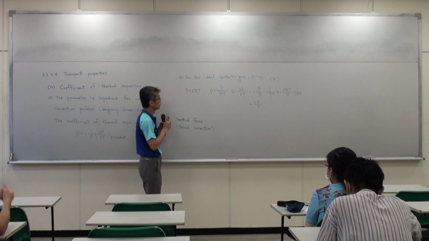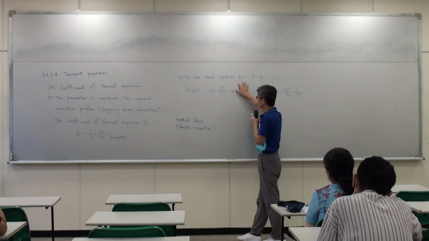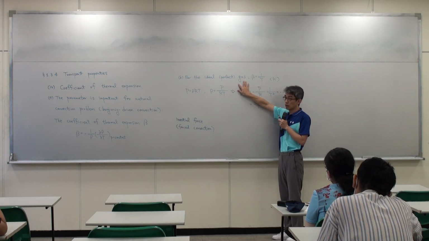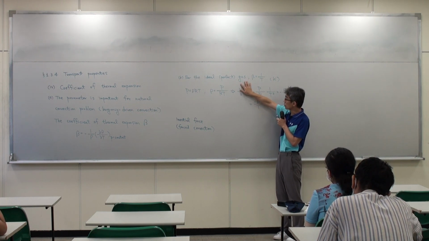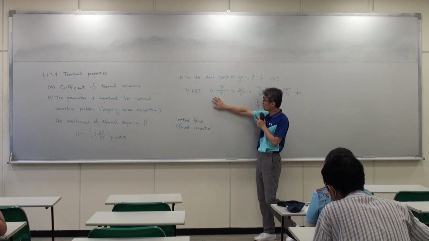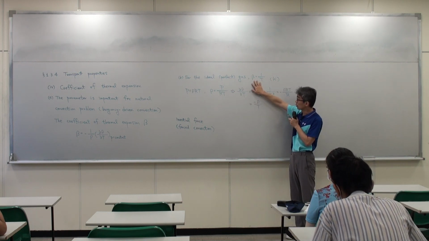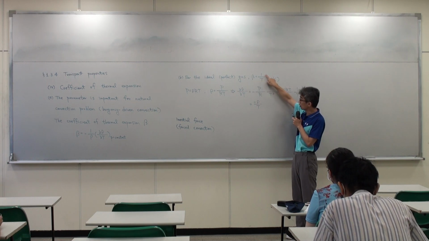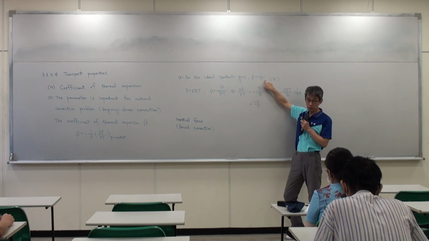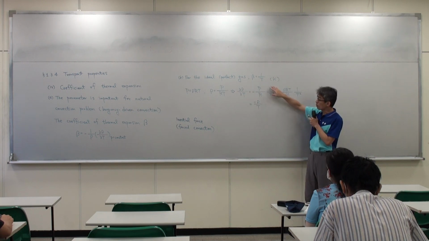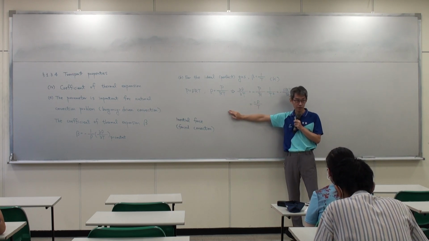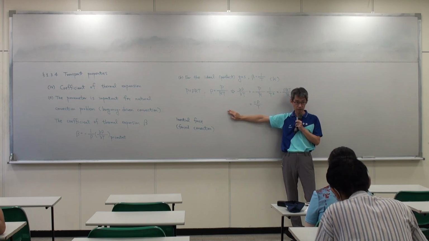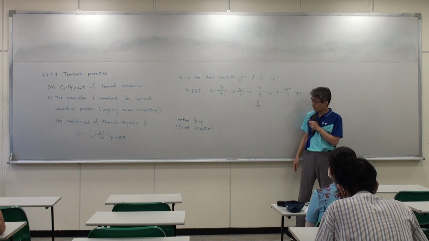If we use the perfect gas or ideal gas equation, then we can get the thermal expansion as 1 over T. The equation is like this. But remember, you should use the Kelvin scale, because for the ideal gas equation you always use the Kelvin scale.